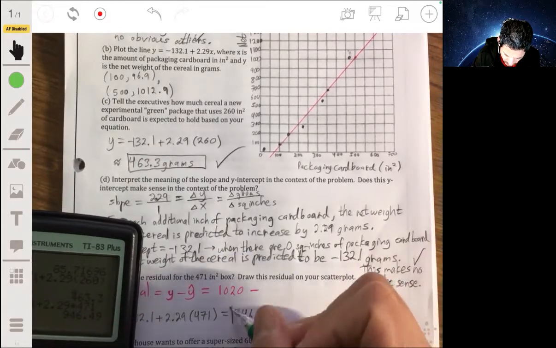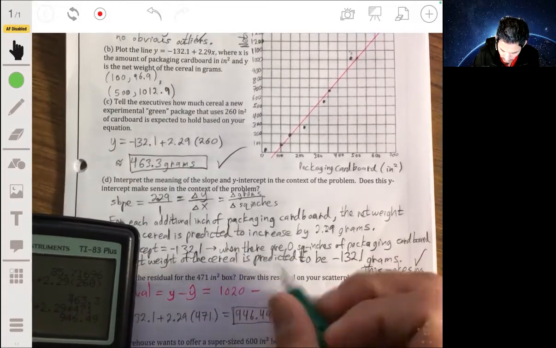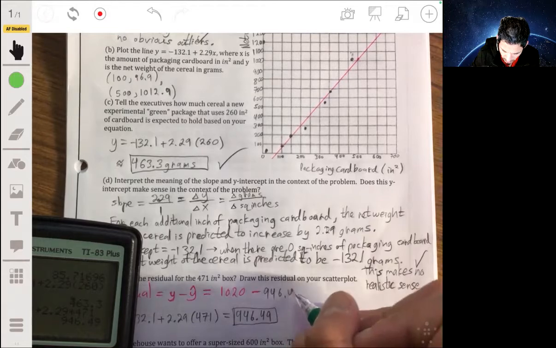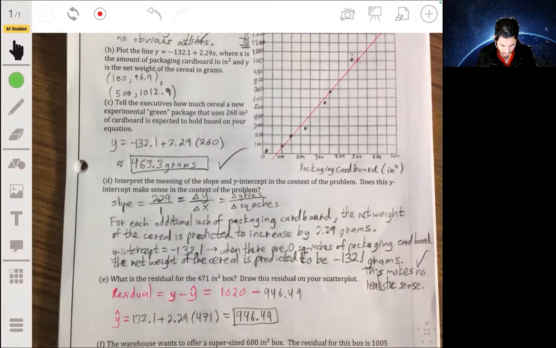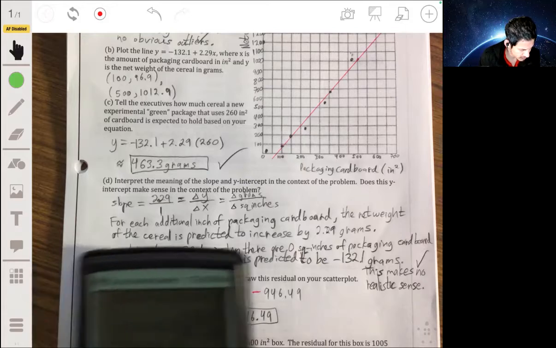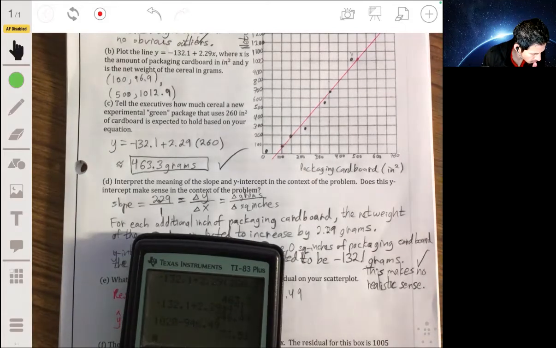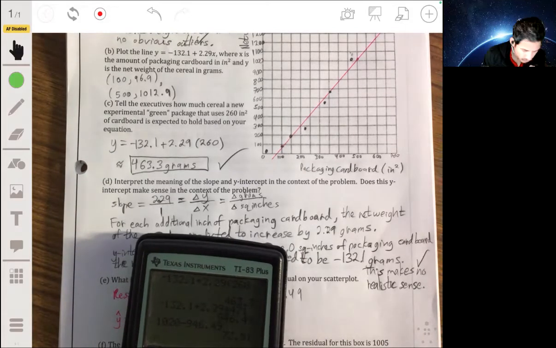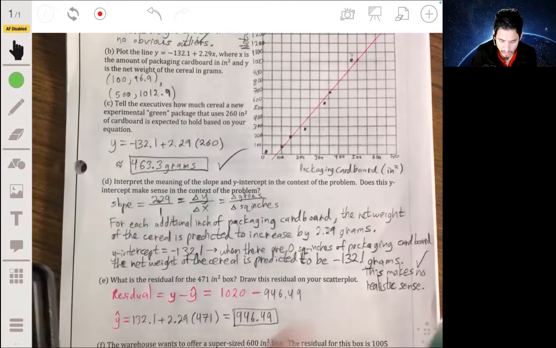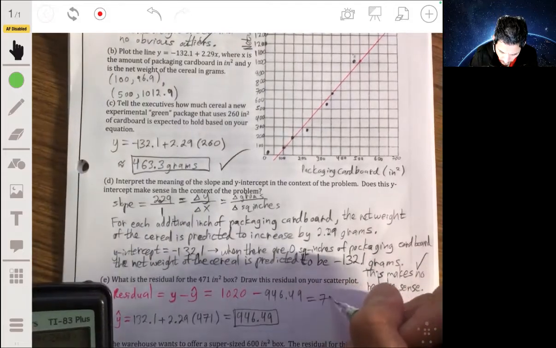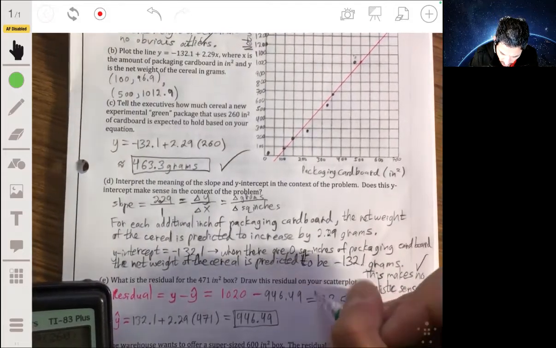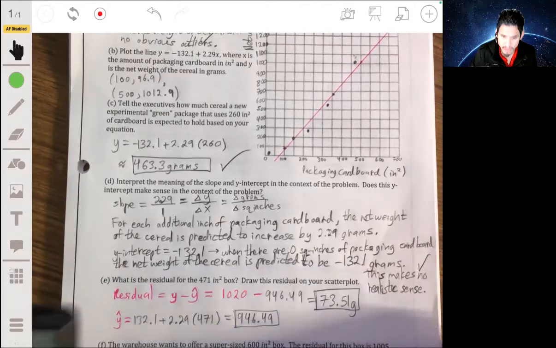So we're going to have this be our predicted. So 1020 minus 946.49, and we'll get 73.51 grams. That's right, grams, or g.